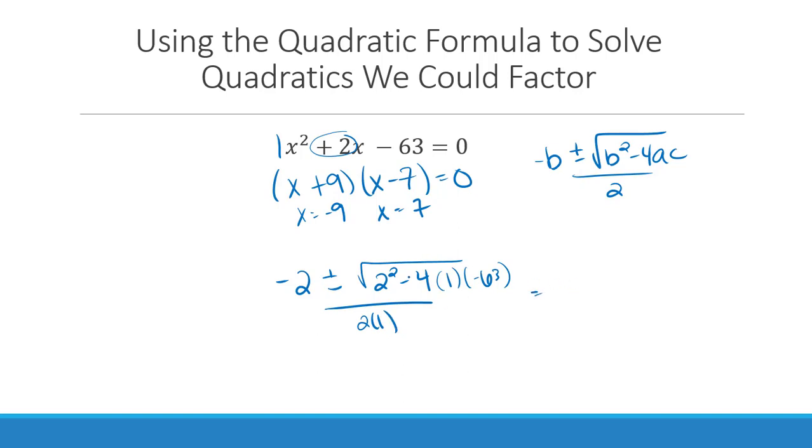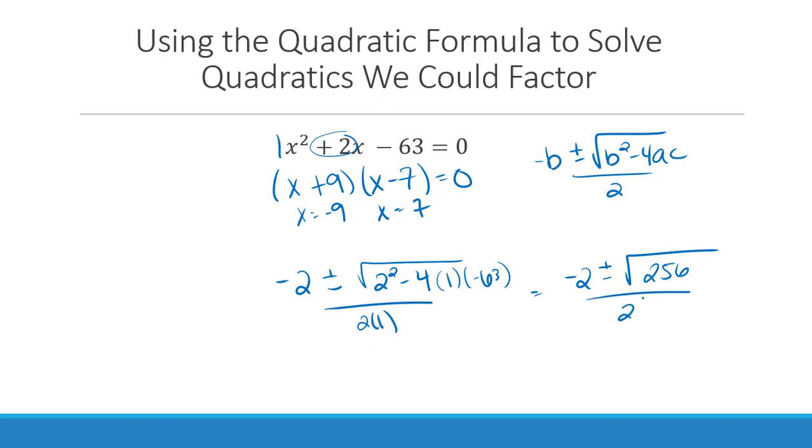The main thing is putting this middle part, what's underneath the radical, in your calculator. And so 2 squared would be 4, and then 4 times 63 is going to give us 252. So -4 times -63 is 252, and then plus the 4 is going to give us 256. All over 2 times 1, which is just going to be 2.